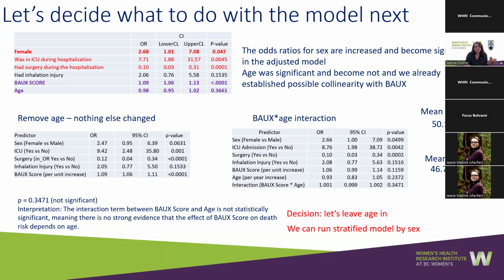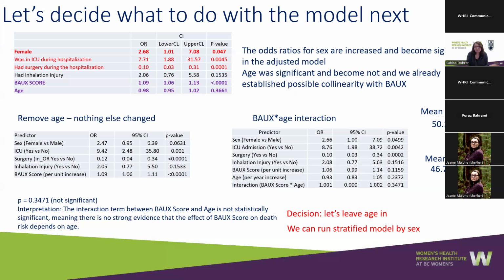Our bow index is still slightly above zero. So basically, for a 1 unit increase of bow score, the odds of death will be 1.09. Yeah, so it's stable. This gives me a hint that it doesn't matter what I do with my model, I'm still going to get the same result.